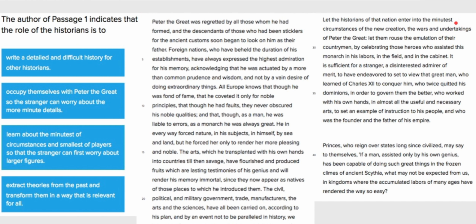Well, I know that minutest basically means detailed or small. So the minutest circumstances of the new creation, I assume we're talking about the nation or the country. So we're saying that the historians should be kind of taking notes about the details of this new nation, about the wars and undertakings of Peter the Great.